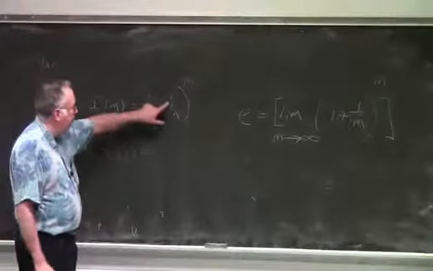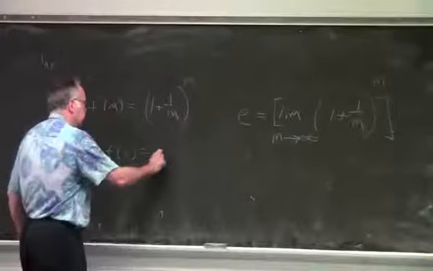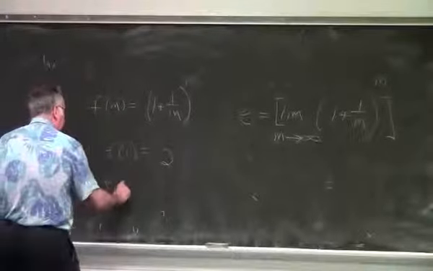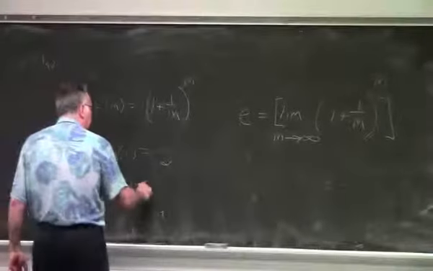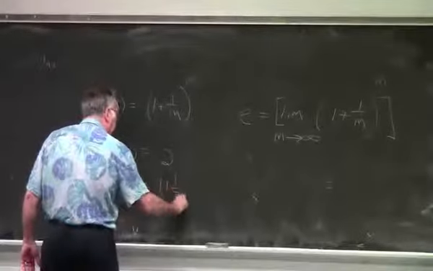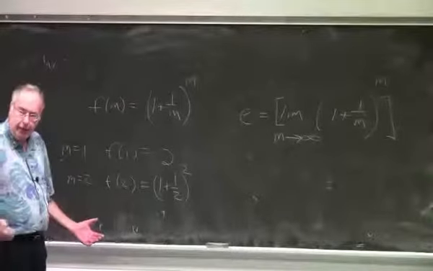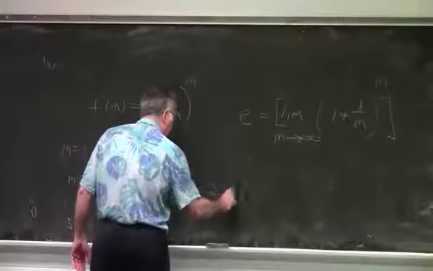Yeah, it's 1 plus 1 is 2 to the 1 power is 2. Okay. What is f of 2? M equals 2. Well, this would be 1 plus 1/2 squared. Or 1.5 squared, 2.25. Okay.